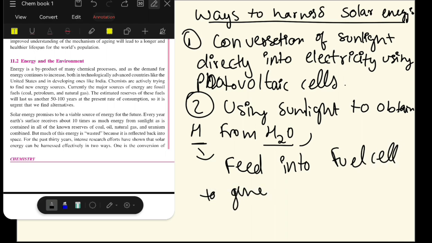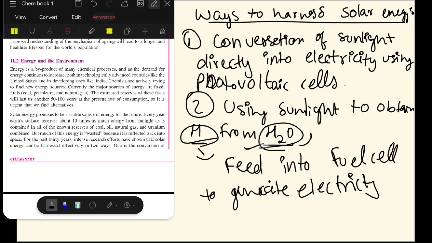Fuel cells take hydrogen and turn it into electricity. So we can use sunlight to take out H from H2O, which is water, and feed this into a fuel cell, and we can harness energy.